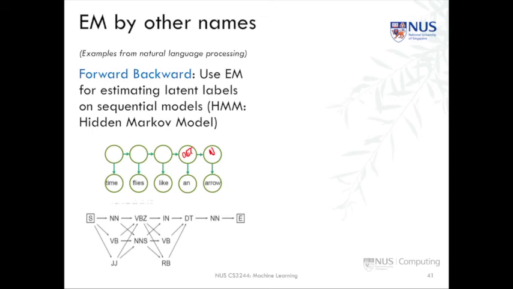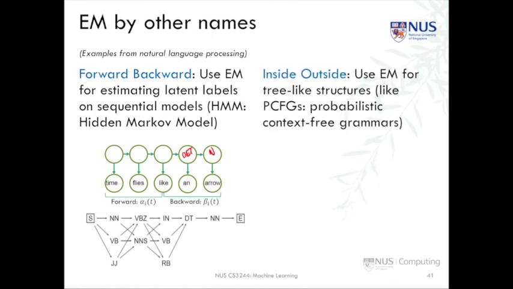In the forward-backward algorithm, we use EM in a forward pass where we calculate the alpha i's, and a backward pass where we calculate the beta i's, and we try to maximize the joint probability of the labels given a potential parse.